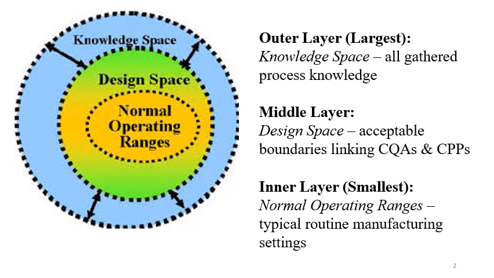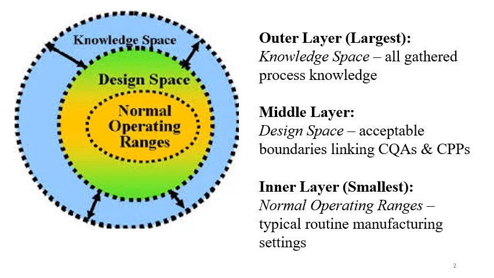So if you take any example of quality by design, if you do some experimentation, you will have some understanding, you will have some knowledge regarding the parameters. That is your knowledge space.